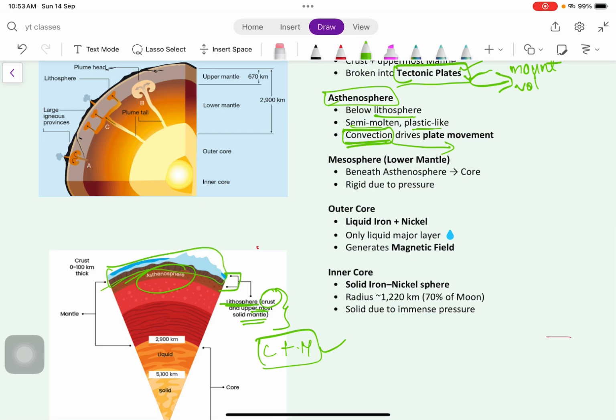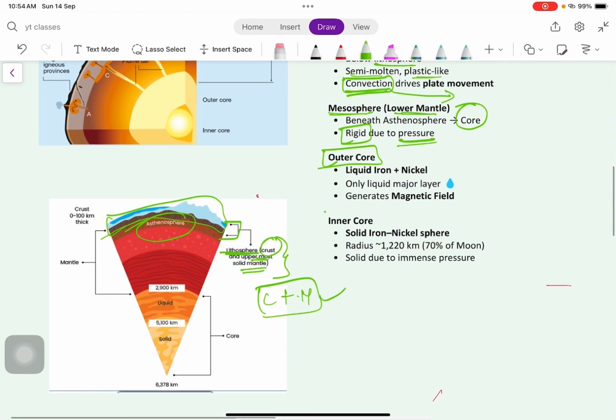And then we will see the mesosphere, that is also in the mantle region only, but it is the lower mantle beneath the asthenosphere till the core, and it is rigid due to the pressure present, okay? After that we will understand the core. The core is divided into outer and inner core, and the outer core is mostly liquid and the inner core is solid in nature.